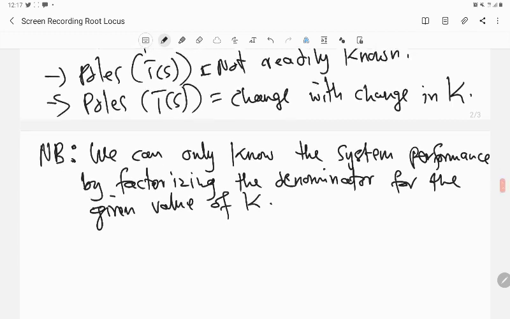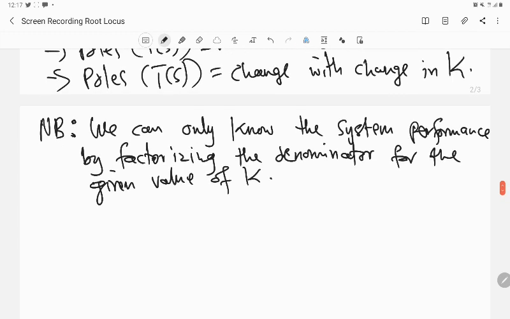So for every given value of k, if we want to know how the system will behave at that gain, we need to first factorize the denominator, which is the characteristic equation.